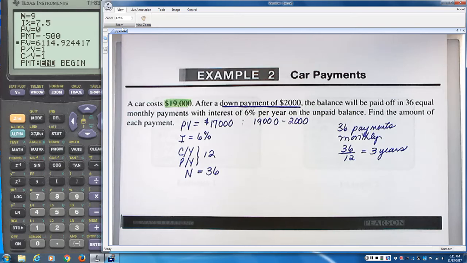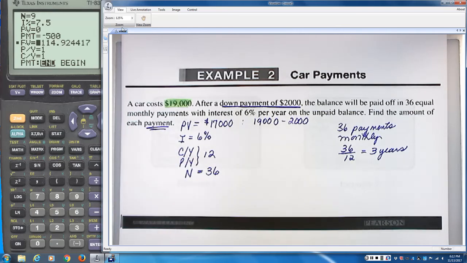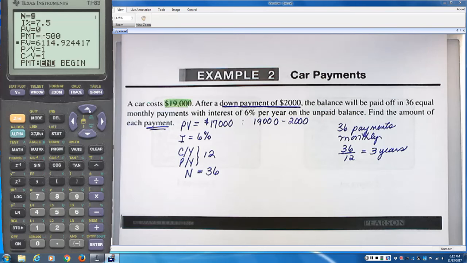Now, we're not interested in the future value of that loan. Well, we probably would be if it was us. What we actually want to know is how much each payment is going to be. So that's what we're going to solve for. The number of payments is 36, which is going to be 12 compoundings per year. We're not interested in the future value.